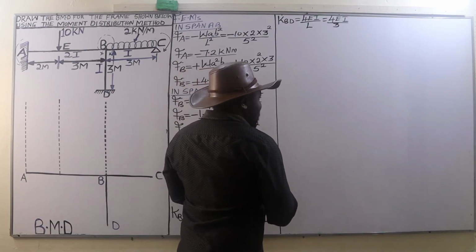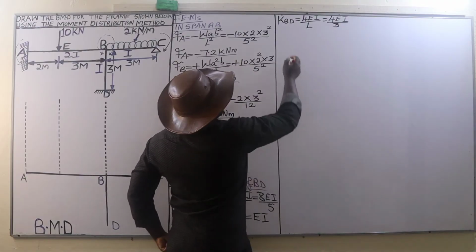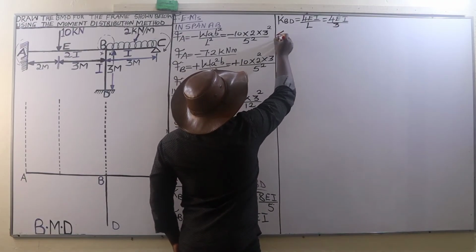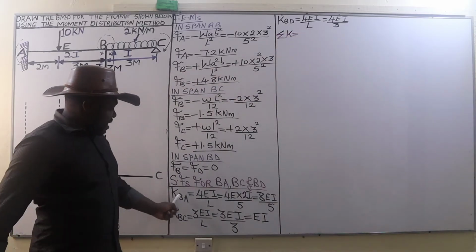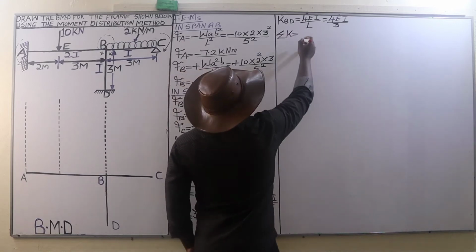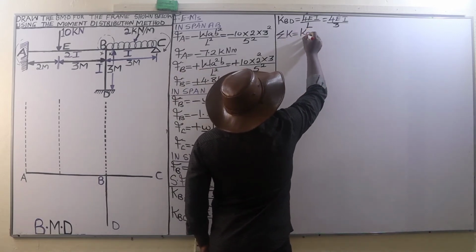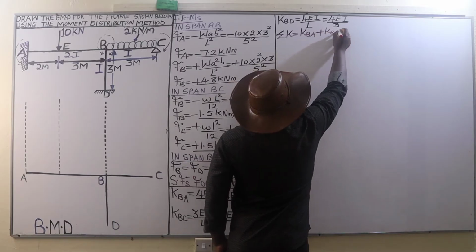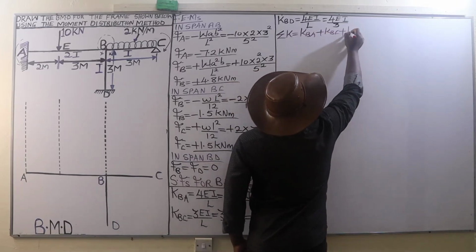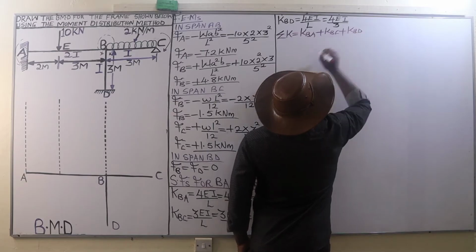Now, after determining the stiffness factors, we are going to determine the summation of stiffness factors. That is adding the 3 stiffness factors: KBA plus KBC plus KBD.